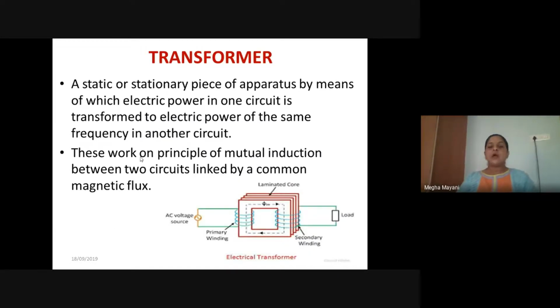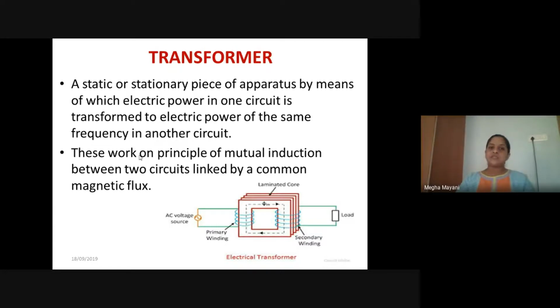So let's now go into the specific electrical machine called a transformer. As we have seen previously, transformers are examples of static or stationary type of machines.